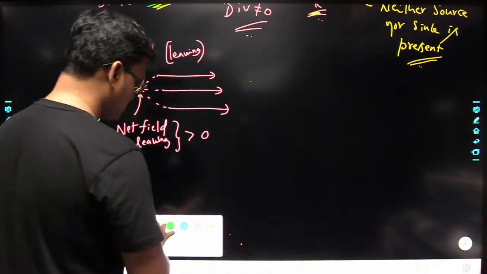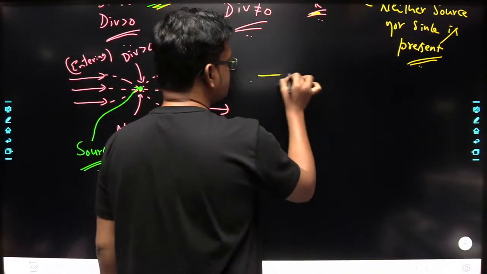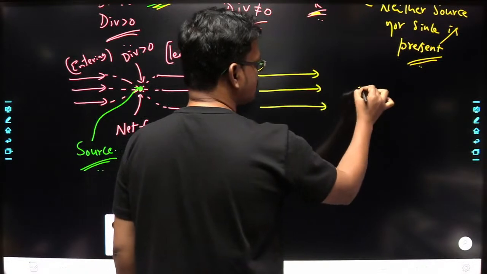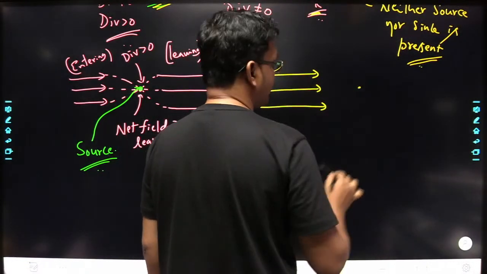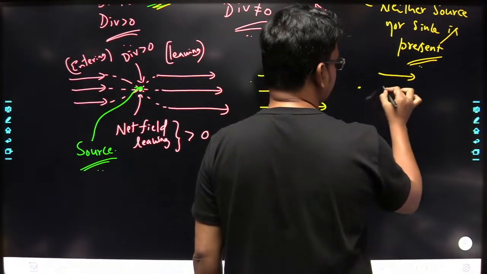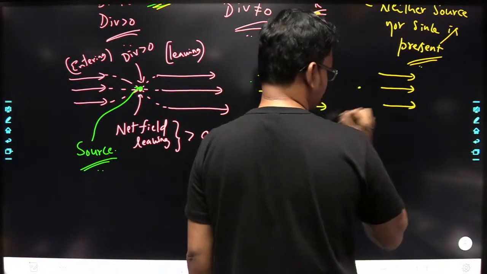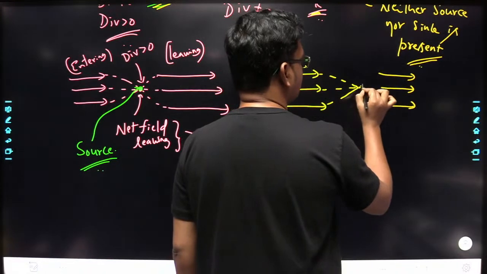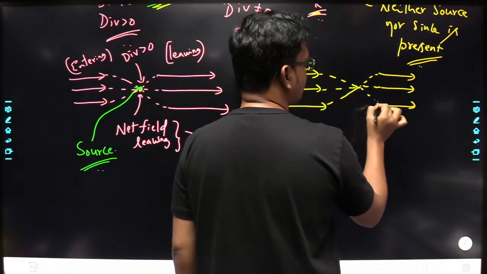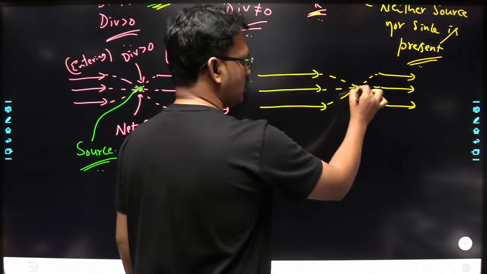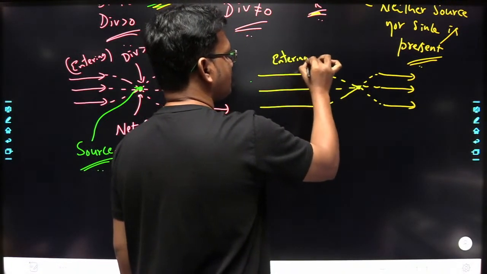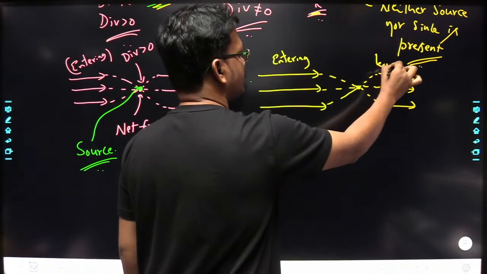Okay. Now similarly, if you consider the field, if suppose this is the entering field, so this field is entering towards this point and the field is leaving from this point, right? Now if you observe here, this is entering field and this is leaving field.